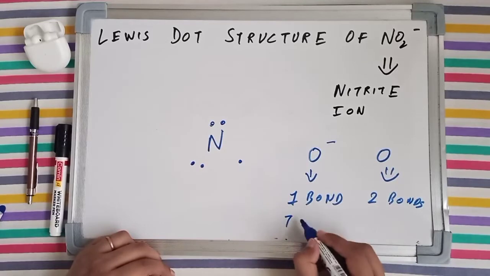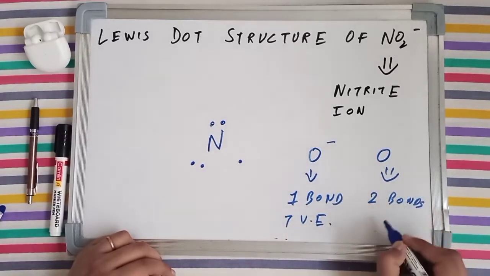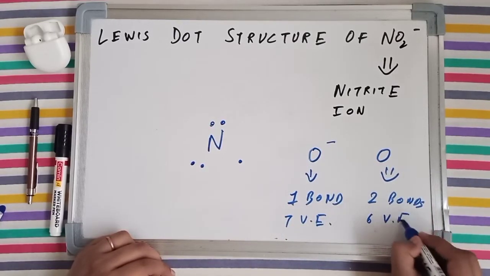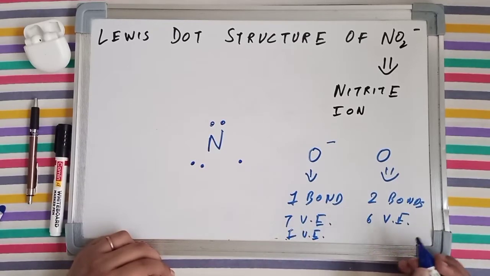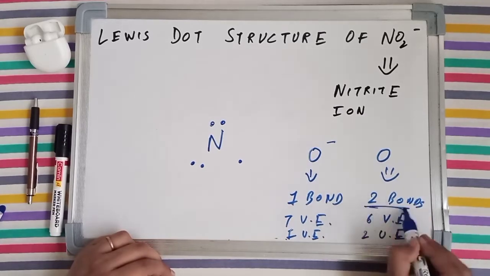O minus had 7 valence electrons, whereas oxygen had 6. O minus had 1 unpaired electron, which means a single bond, whereas oxygen had 2 unpaired electrons, which means 2 bonds.